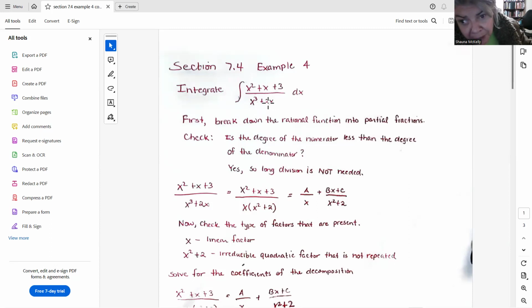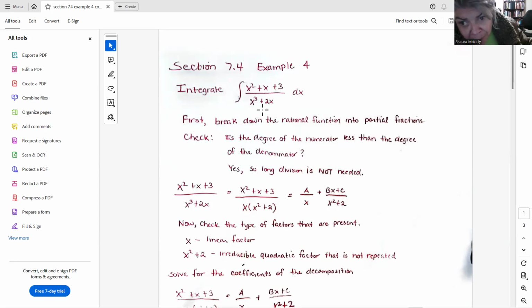So generally what happens is you're going to think about breaking this rational function into its constituent fractions.